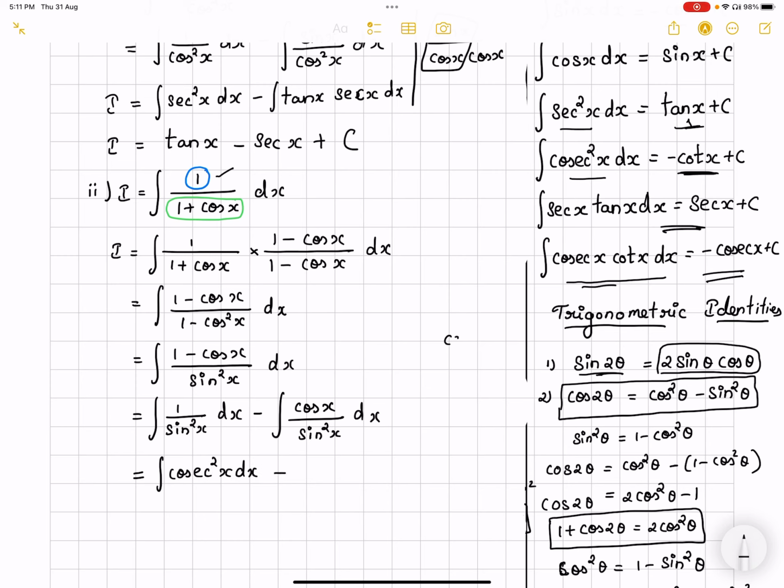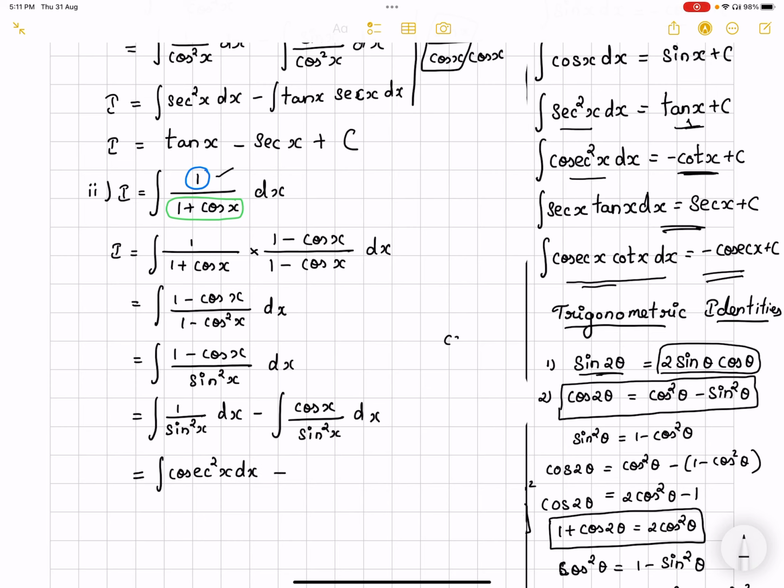Now after this, what I would be having here is my denominator is going to be (a plus b) into (a minus b), which is a square minus b square, that is 1 minus sin square x. And the numerator is going to be sin x into (1 minus sin x) dx. So let's see what exactly is happening here.